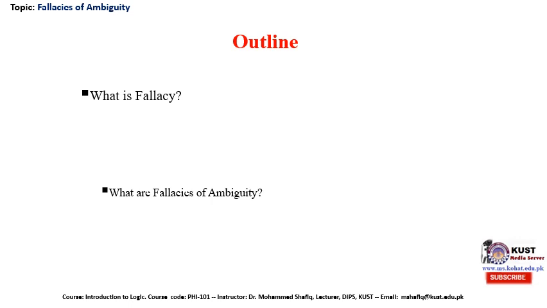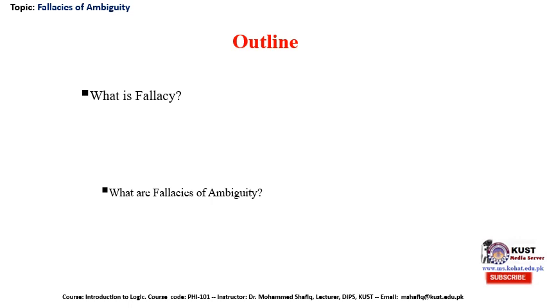Now we are going to move to the topic, which is the fallacies of ambiguity. As we discussed in a previous lecture, the fallacies have been classified into 4 classifications given by different philosophers, although they have some differences upon this classification, but still, generally speaking, there are 4 major groups of fallacies.